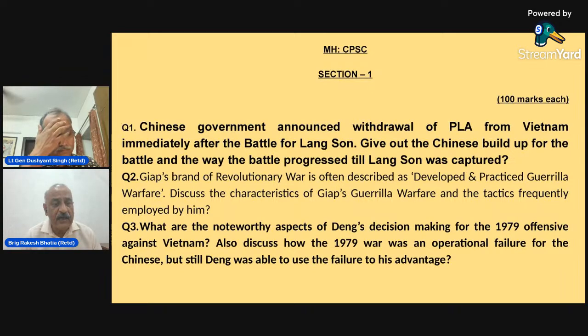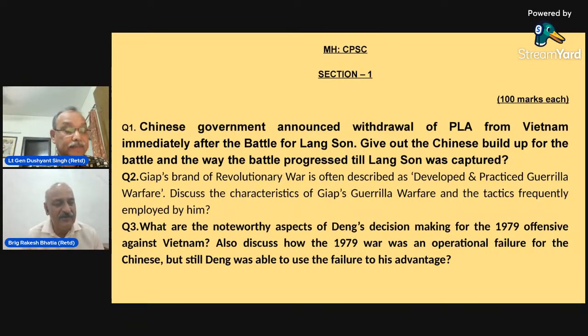In this, I will suggest our notes of Clause. I found a very interesting comparison between the guerrilla warfare that was practiced by the Chinese, that is Mao, and how Giap evolved that against the USA, and this he used against the Chinese.